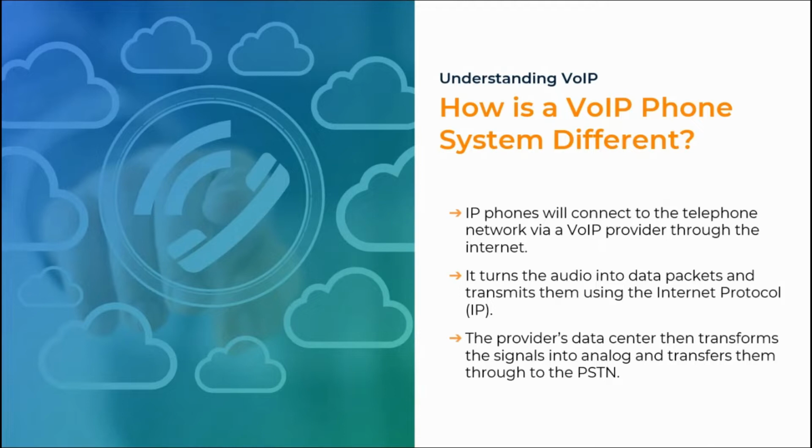So it turns the audio into data packets and transmits them using IP, Internet Protocol. So the provider's data center then transforms the signals into analog and transfers them through to the PSTN. So since SIP phones don't need dedicated landlines, it's easier to scale an office with VoIP than with a traditional phone system, where, to share phone service with multiple employees, an on-premise PBX is required.